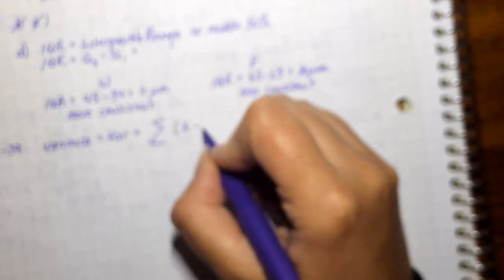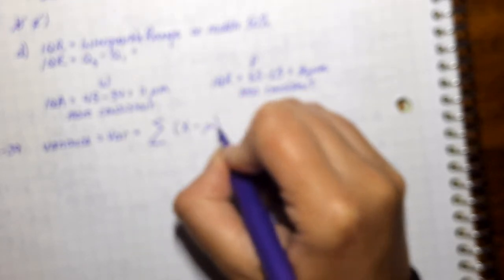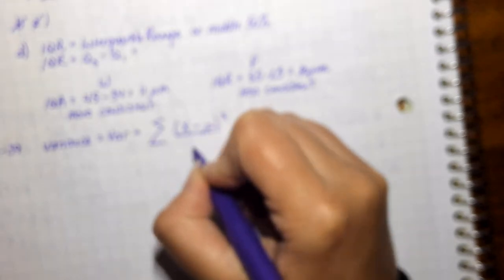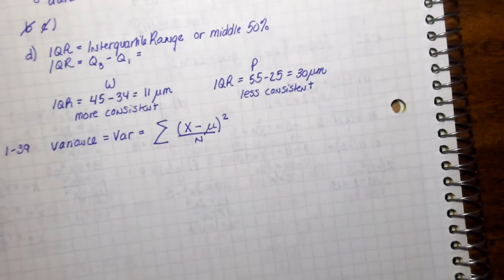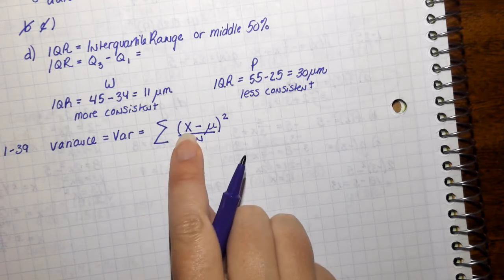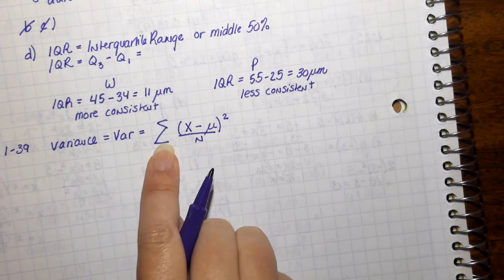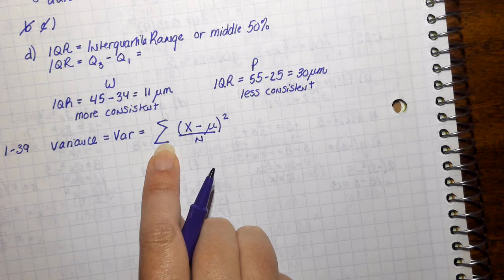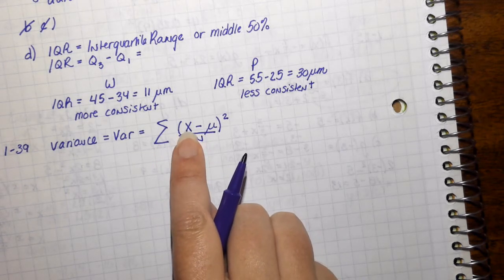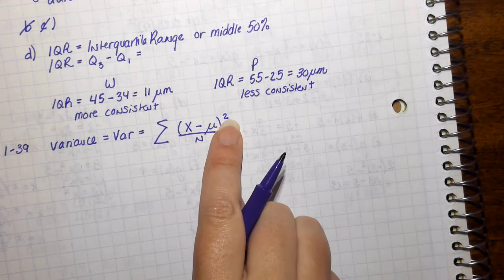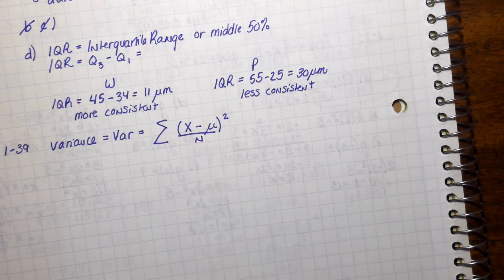This is the sum of all of the values minus the mean squared divided by however many there are. Let me say that again. The variance is the sum of all of the values minus the mean squared divided by however many there are.